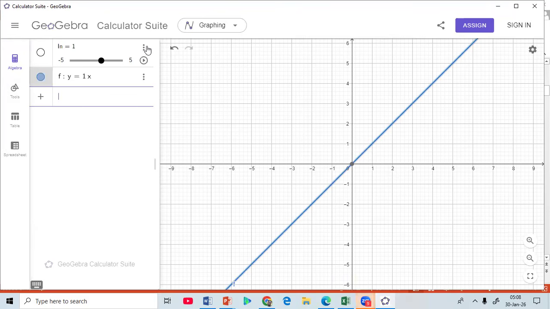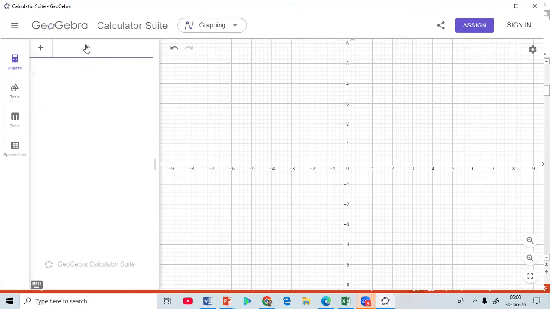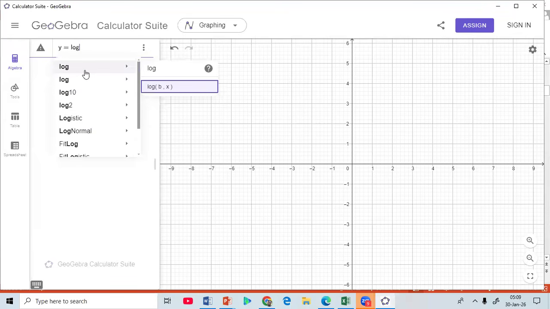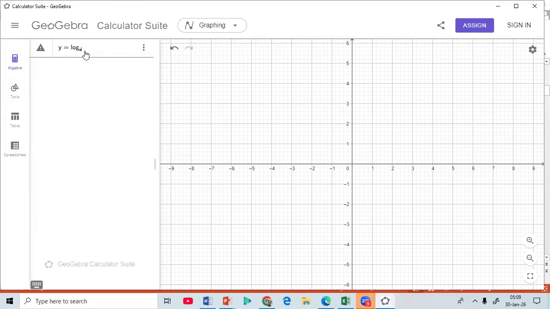Not really. I want y equal to log. I'm just trying so that I can get that log. So that is how it looks.